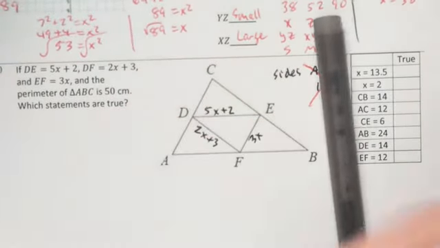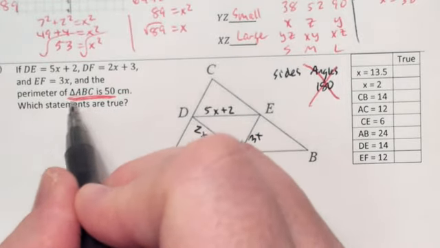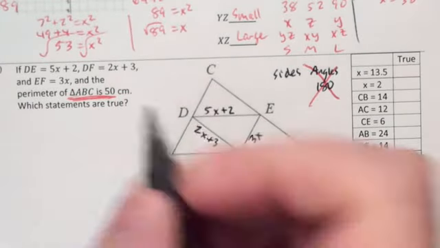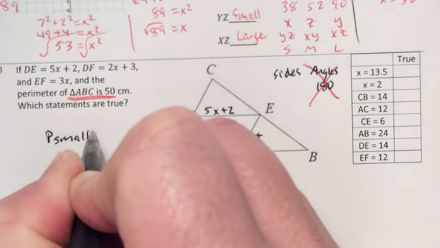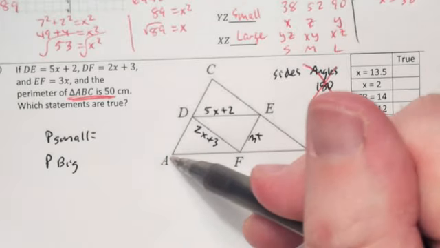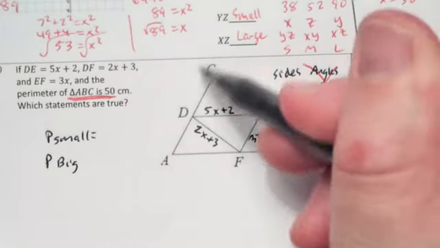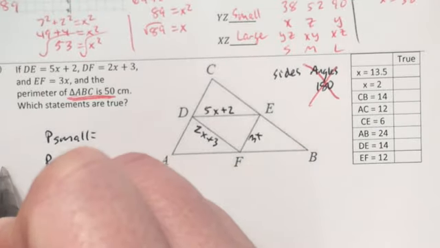In addition to that, they also said that the perimeter of triangle ABC is 50. So we know perimeter of the small versus perimeter of the big. Now, ABC, is that the big one or is that the small one? So ABC is the big one.